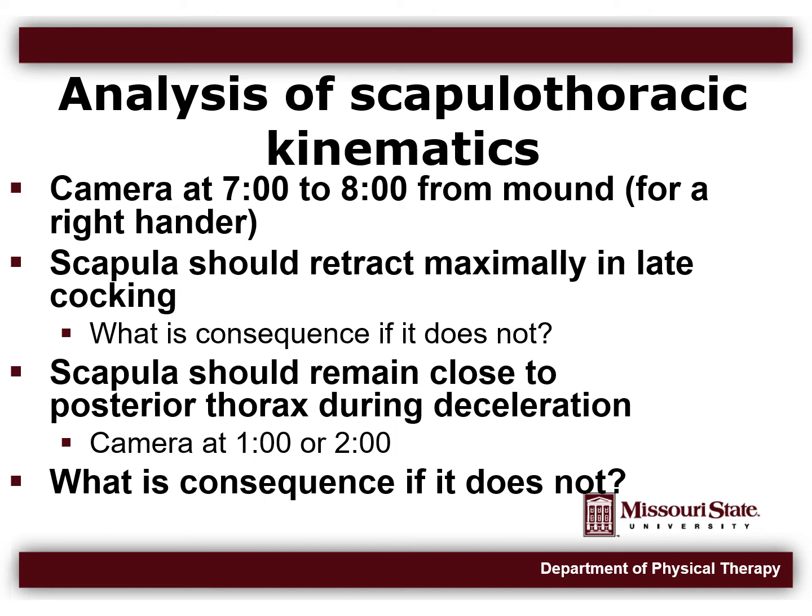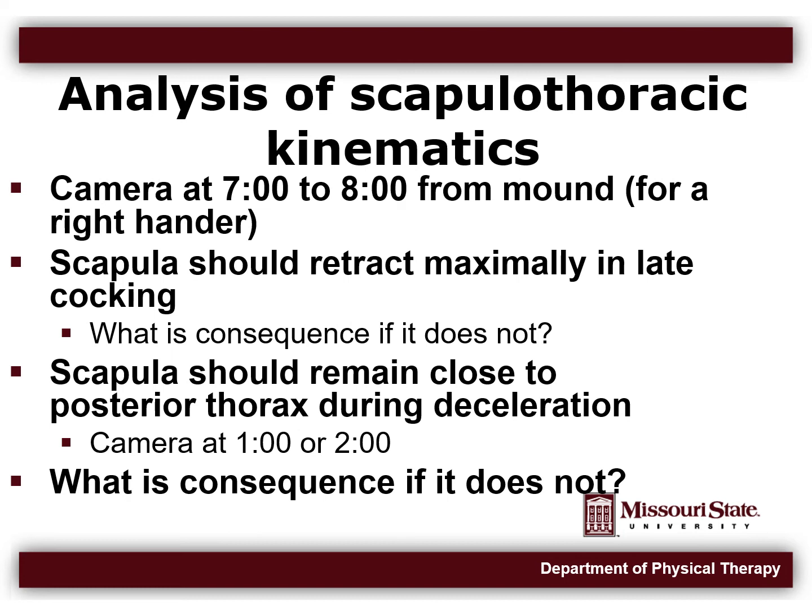Now, as the pitcher especially rotates forward, and you're going to see this more with pitchers because they more use their whole body, you actually want the camera angle more coming from close to home plate, a little bit more toward the third base.